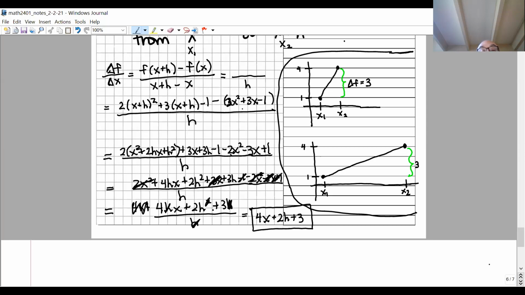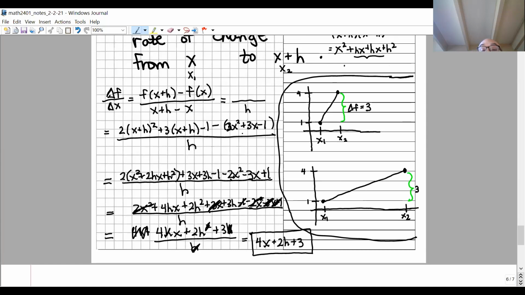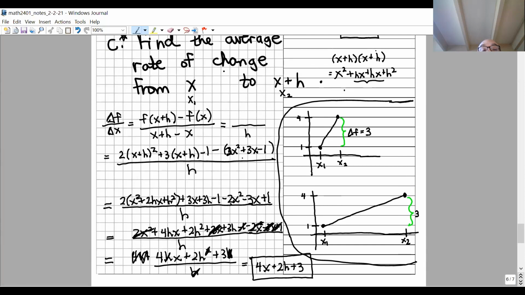Okay, this calculation, by the way, where you're finding an average rate of change from x to x plus h, like we're doing here, x to x plus h. This is called the difference quotient. So what we calculated here was a difference quotient, but that's just a particular type of average rate of change.